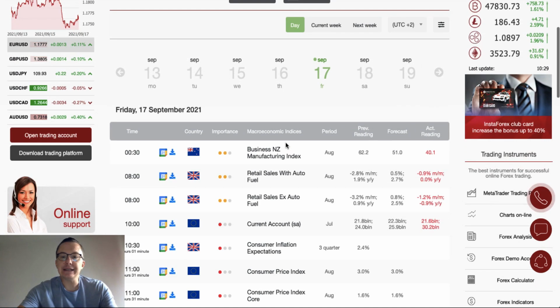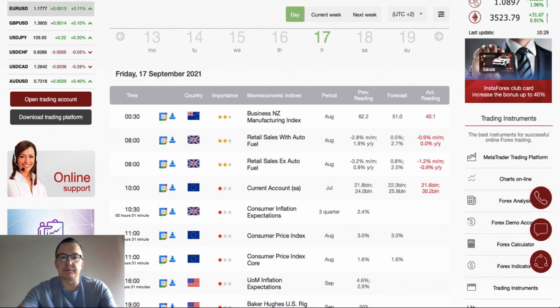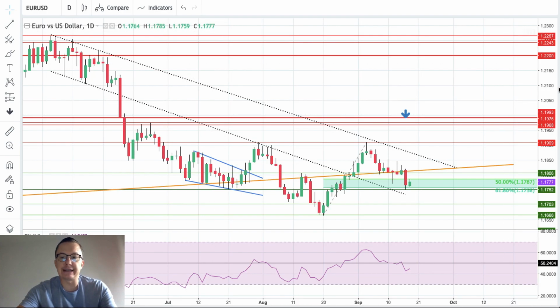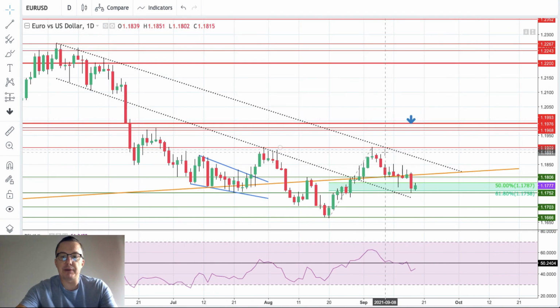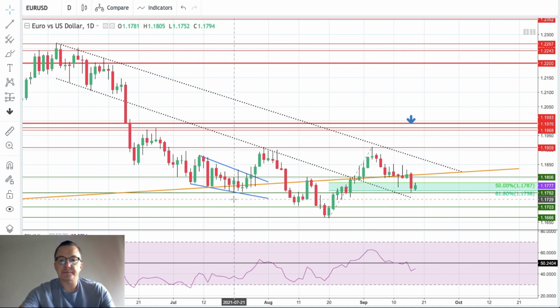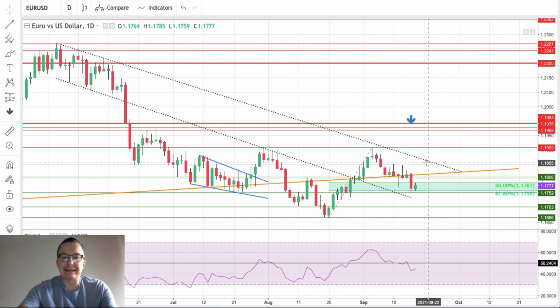So let's take a look at the euro dollar first, and then British pound, of course. What is going on in the euro dollar? As you can see, we are back inside of this channel here, the old channel that once was violated, then tested, new low was made, and please notice the fact that this is the equal low here at the level of 1.1909.